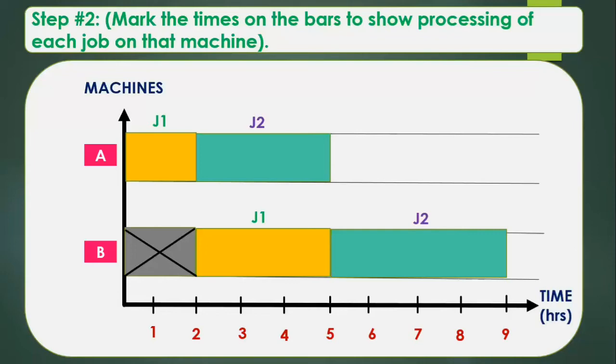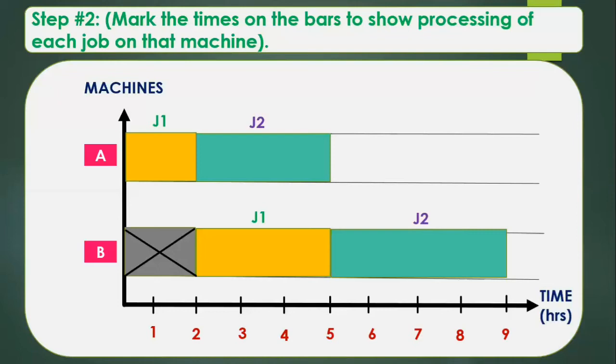Now, as you can see on our graphical presentation, we can conclude that both sequences show an elapsed time of 9 hours. The only drawback of this method is that for all the sequences, we have to draw the Gantt chart, find the total elapsed time, and then identify the optimal solution.